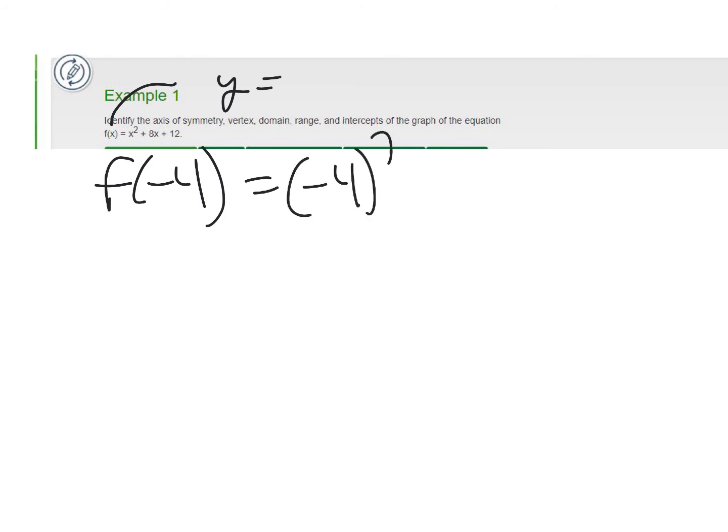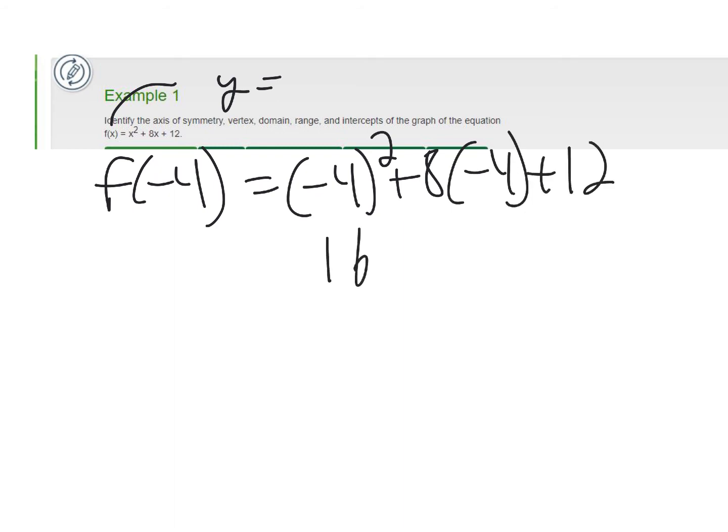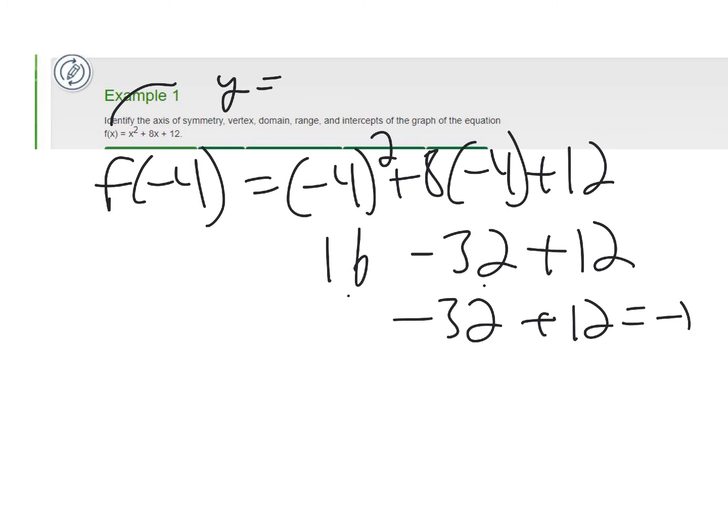So negative 4 squared plus 8 times negative 4 plus 12, well, that's going to be 16 minus 32 plus 12. So 16 minus 32 is negative 16, plus 12 is going to be negative 4. So the vertex of this parabola is negative 4, negative 20.